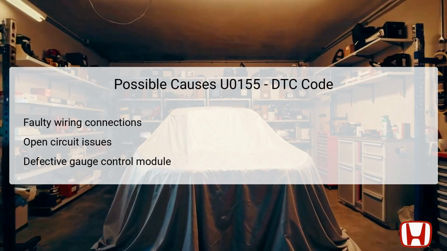An interruption in the circuit could be due to broken components or worn-out connectors. Lastly, a defective gauge control module itself could lead to communication failure, requiring replacement if it is determined to be non-functional. Proper identification of the cause is essential in efficiently resolving the issue.